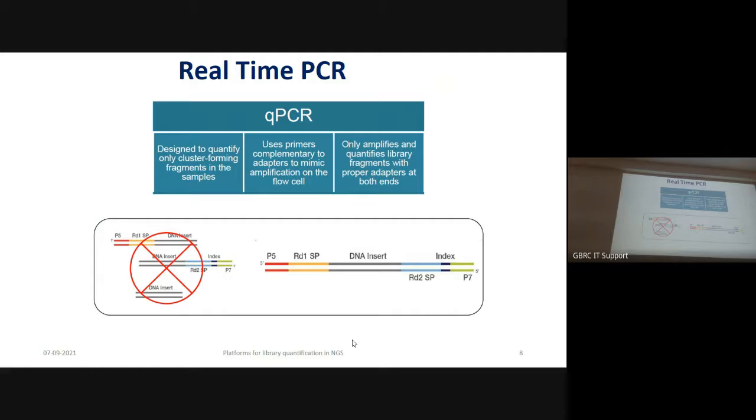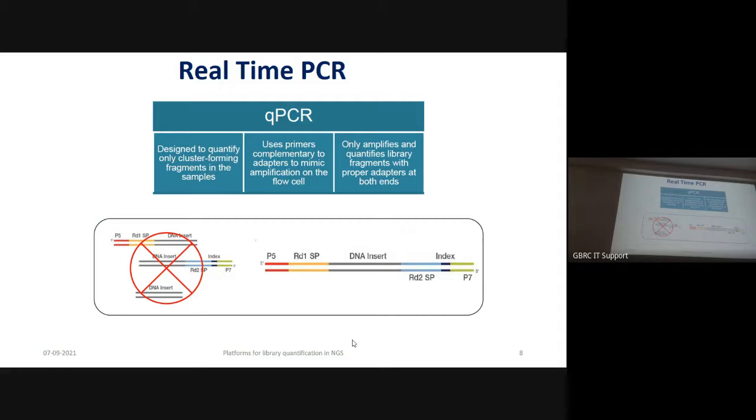I think I have already discussed in the wet lab session why quantitation using these kits, like digital PCR or real-time PCR, is more accurate compared to the Qubit fluorometer or other methods. Say, for example, two different fragments of libraries are there. If you quantify this library using the Qubit fluorometer, it will give the concentration of both of these.